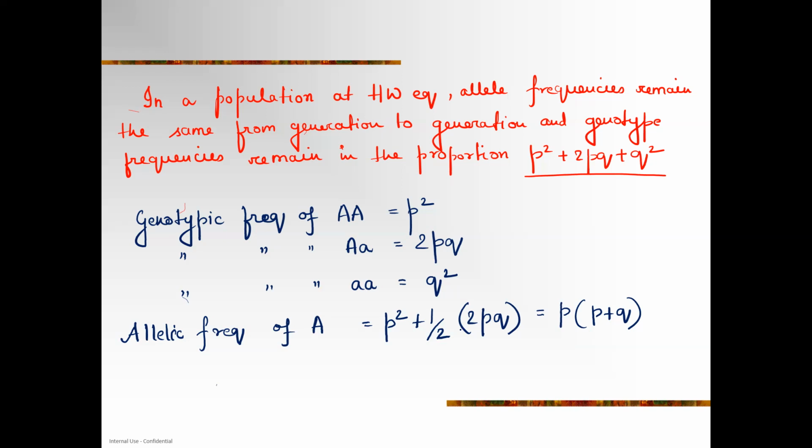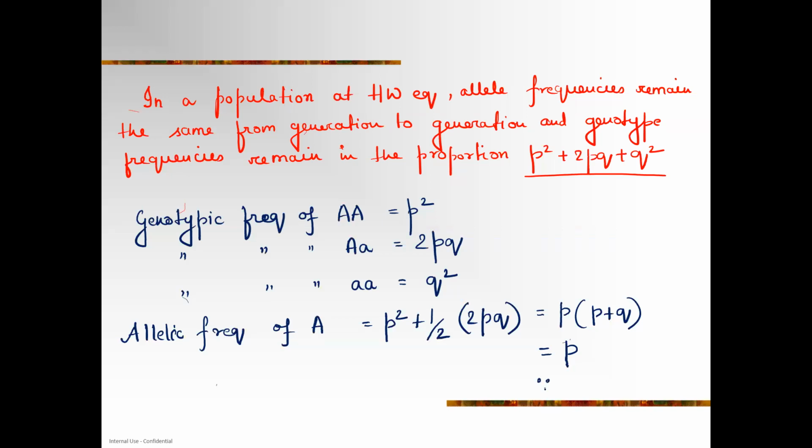What are you getting? p square plus pq. Here, if you open this bracket, you are going to get that only. I've just taken p common and have put p plus q in the bracket. And this is equal to what? This is just equal to p. Why?